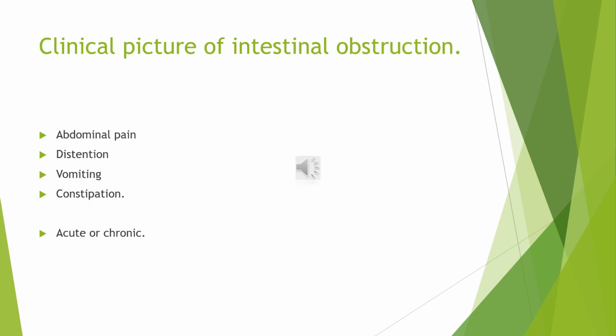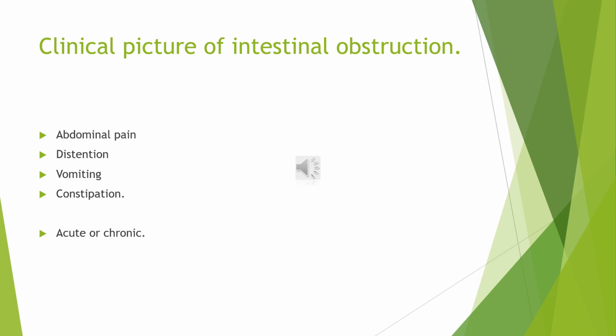It is important to know the clinical picture of intestinal obstruction. When you have an obstruction to the passage of stool in the intestine, the most common site for intestinal obstruction is usually the small bowel. It is more commonly affected than the large bowel because of the small diameter of the lumen. The symptoms are predominated by abdominal pain and distension due to gaseous distension.